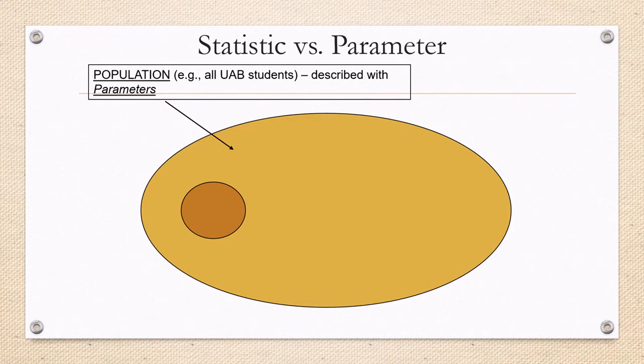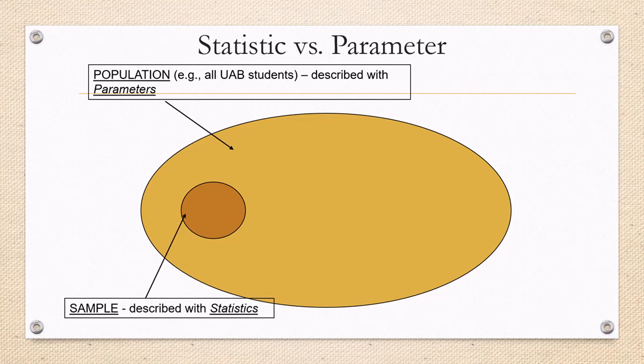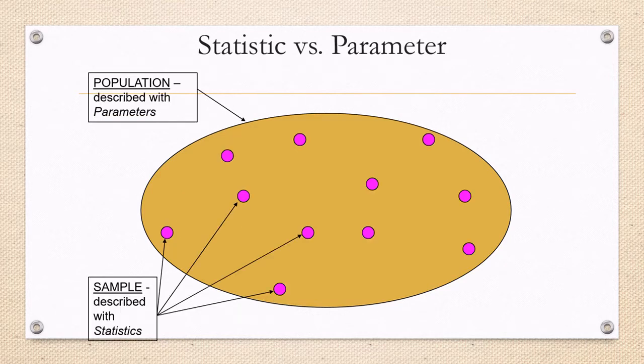Once we have a sample and we take measures of the sample, we can describe the sample using our descriptive statistics. If we take samples using random sampling, we'll get a better estimate than just getting a sample from one place, say the psychology department.